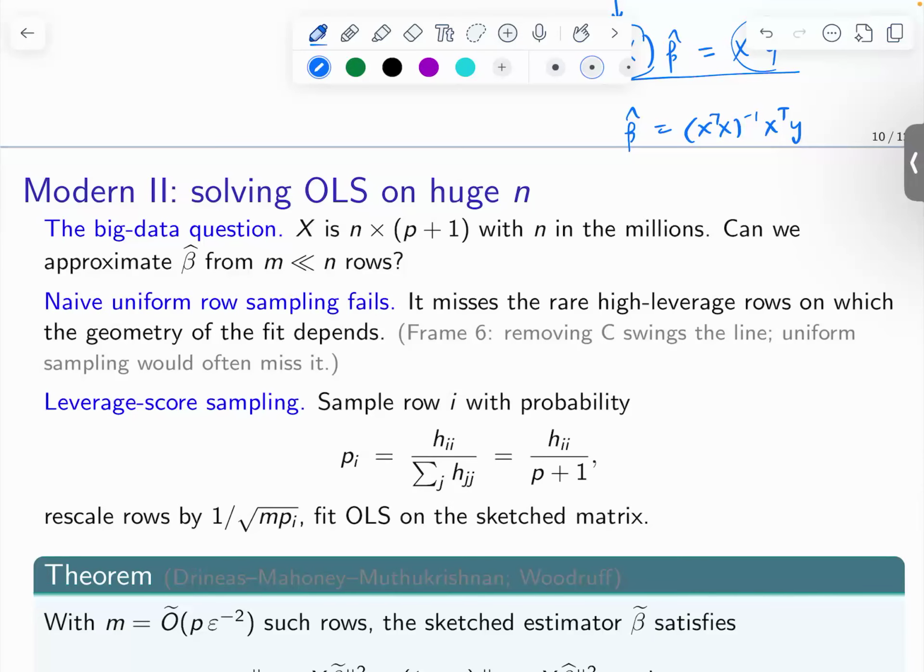So what you can do is try to sample some of the rows. This is a trend in machine learning, called approximate linear algebra if you want. For example, you want to compute the eigenvalues of a matrix or solve a linear system, but the matrices involved are too big to even fit in memory.